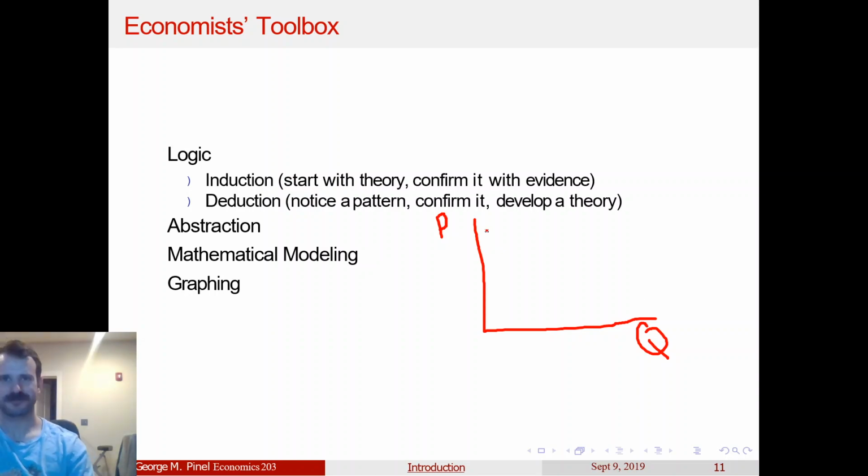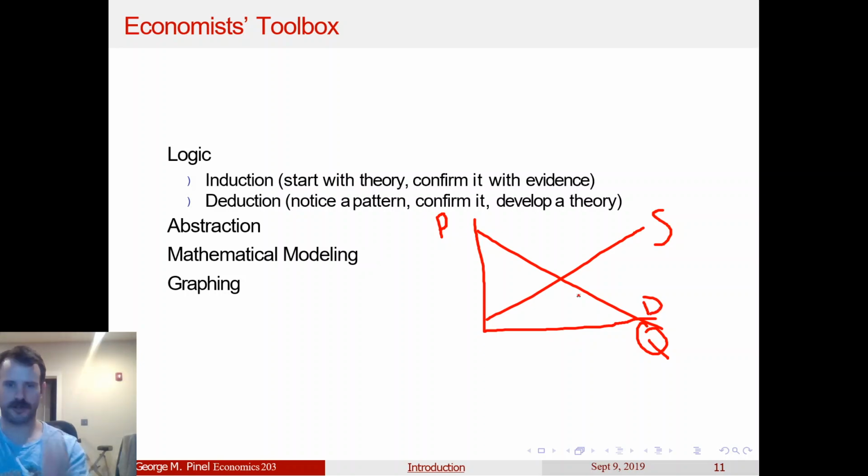Okay. So I'm going to draw a demand equation here. Supply equation here. And I'm going to label the supply S, demand D. So this is two different lines relating to how quantity relates to price.